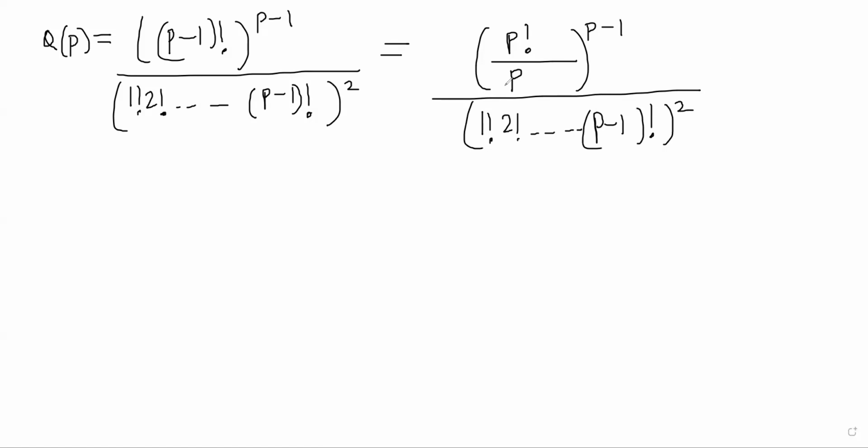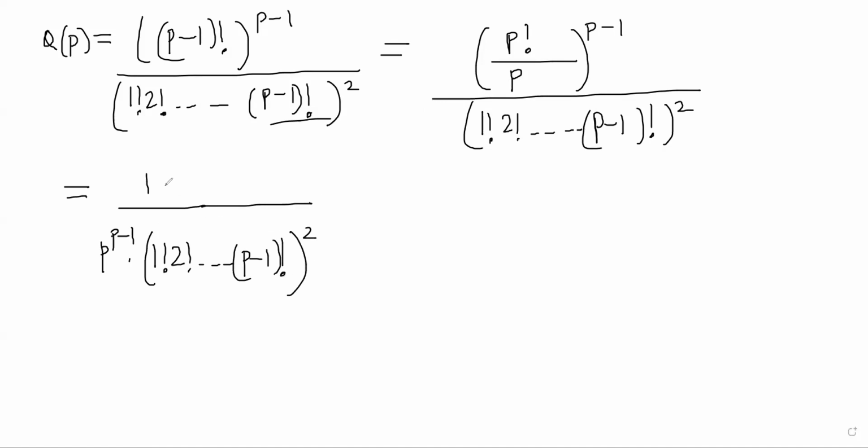So why did I do this? Because I want a p power p minus 1 here, and here it is 1 factorial, 2 factorial till p minus 1 factorial whole square, and on top I have a p factorial power p minus 1, right?